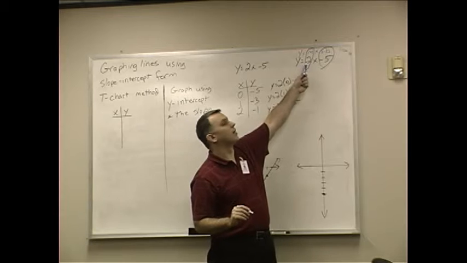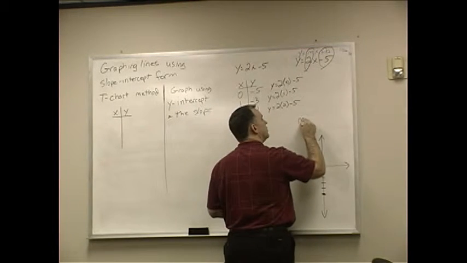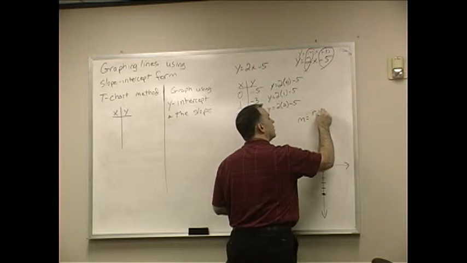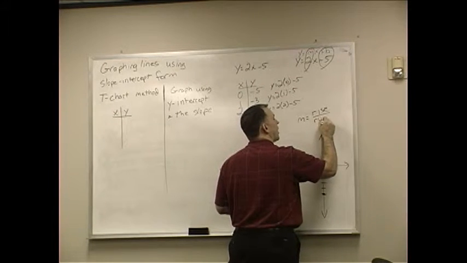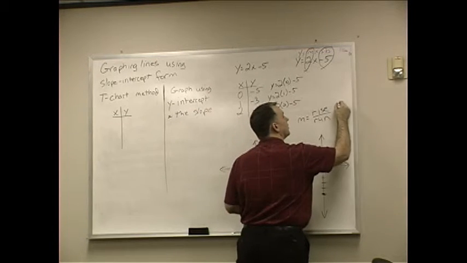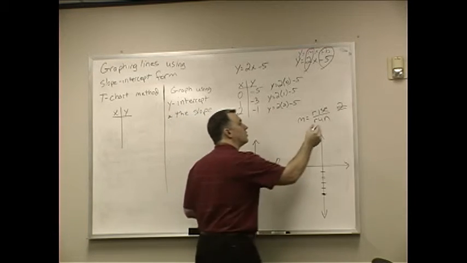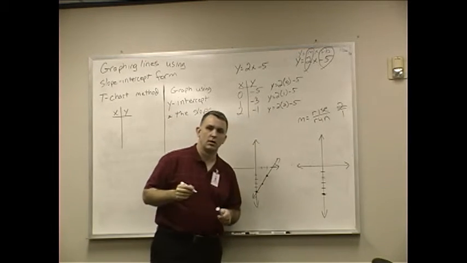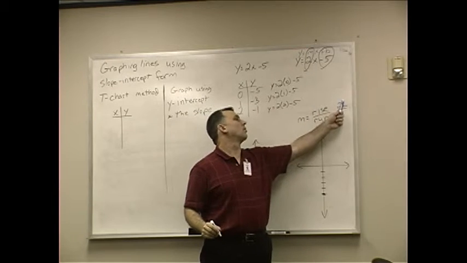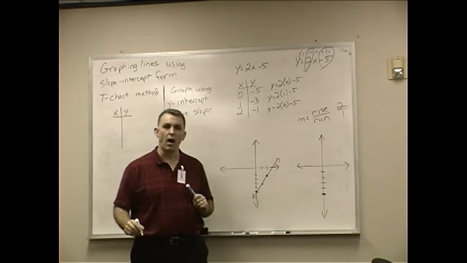For the second part, the m, that's the slope, isn't it? Now this is the new information. We know slope is rise over run, but how do we deal with that? We take our slope of 2, and we need to write it so that our rise has a value of 2 and our run a value of 1.